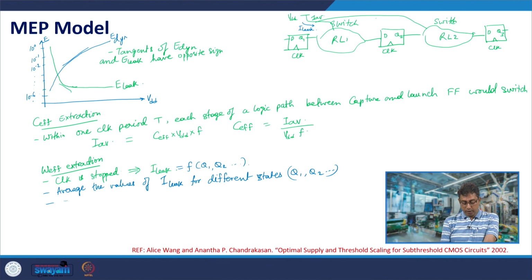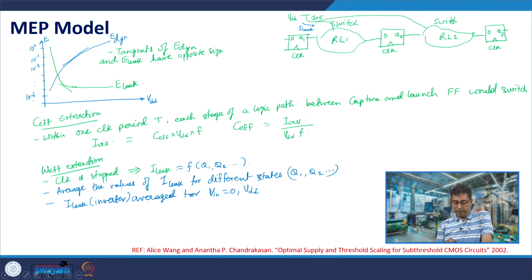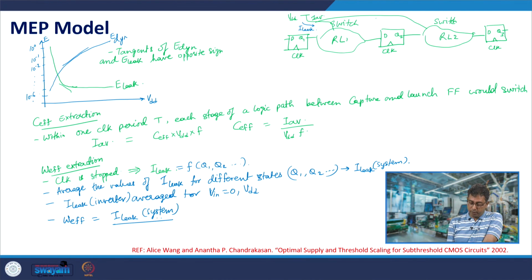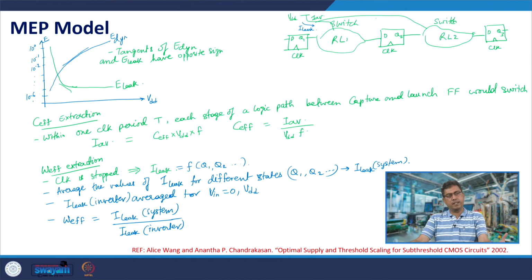Now, find out I leakage of an inverter averaged for the input V being 0 and VDD. To get the W effective in terms of inverter width, just take the ratio of I leakage of the system with that of I leakage of the inverter. This could be an inverter of a certain size that you take as reference, and it is not preferable to keep the minimum sized inverter because narrow width effects may start dominating.